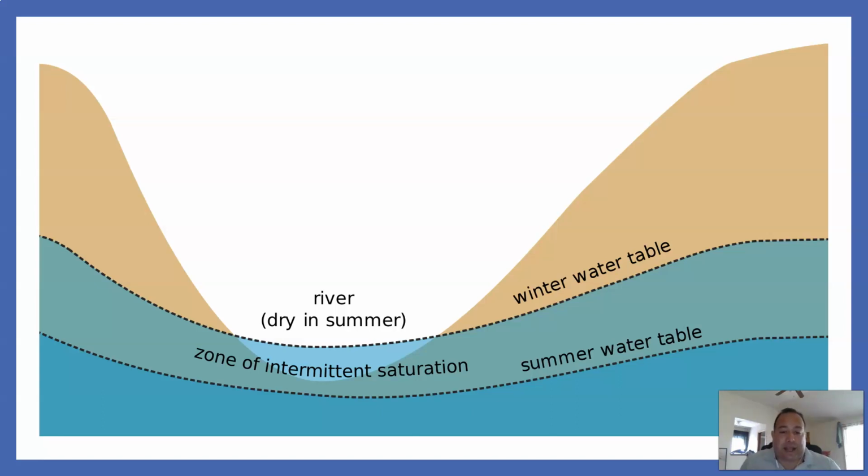Sometimes it'll be higher, sometimes it won't be there. Sometimes it'll be dry in the summer, sometimes you'll see water, and sometimes there won't be water. In our winter water table, we've got water up above the ground, sitting in your stream channel. The summer water table is down below that, below the ground. So we still have water in the ground, we just won't be able to see it above the surface.